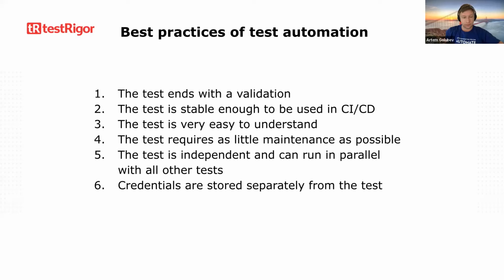And again, everything here is more or less self-explanatory and straightforward. Number 1 is a test should end with a validation. Think about it. This is what distinguishes just a sequence of steps from a test, right?